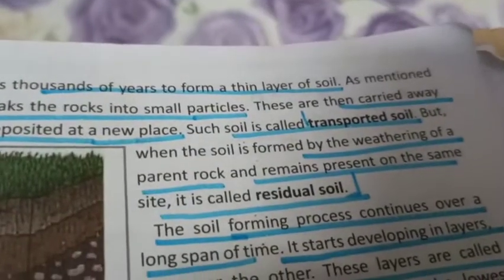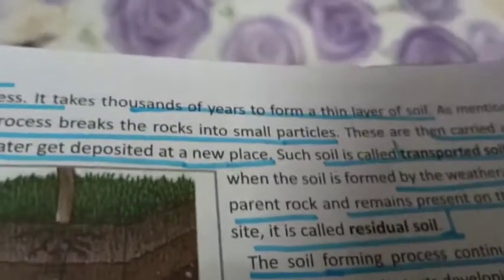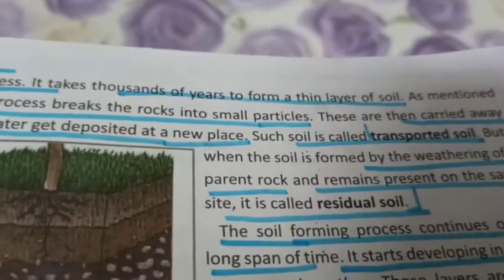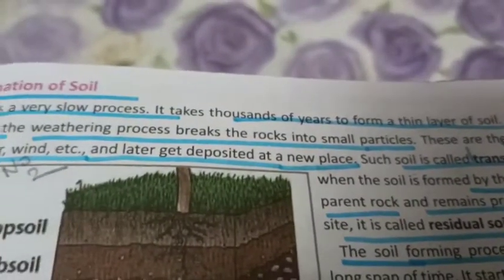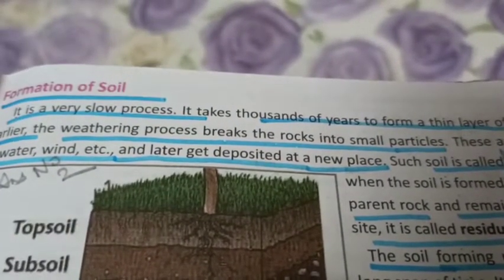On the other hand, sometimes the parent rock leaves its particles, and they stay there and are not transported. That is called residual soil. Let's revise one more time about the transported and the residual soil. Here let me read it.